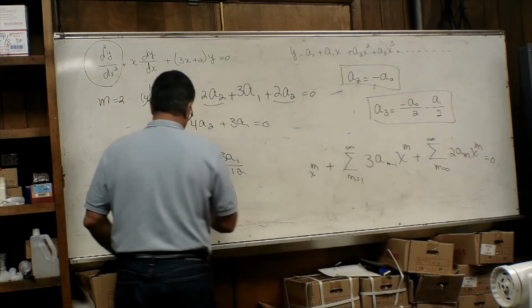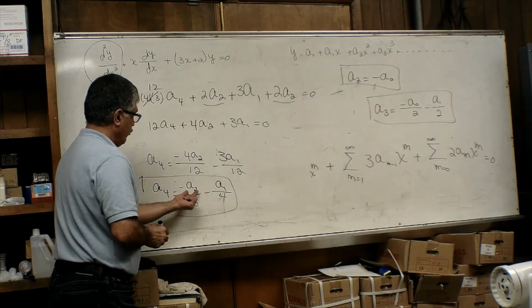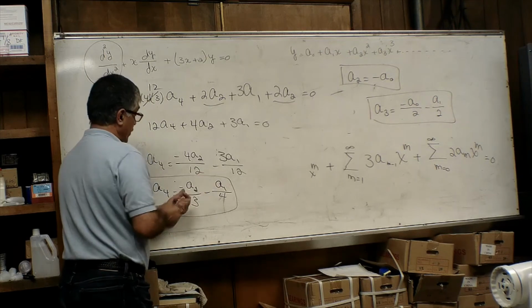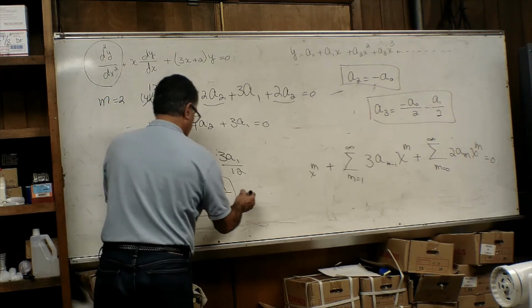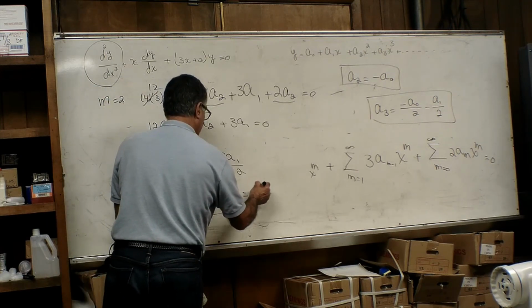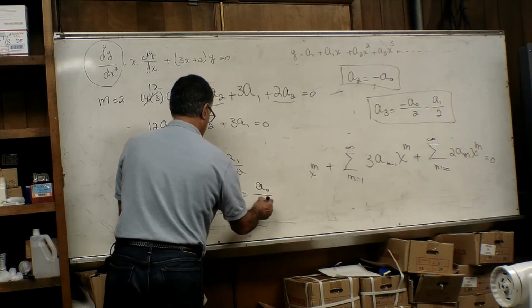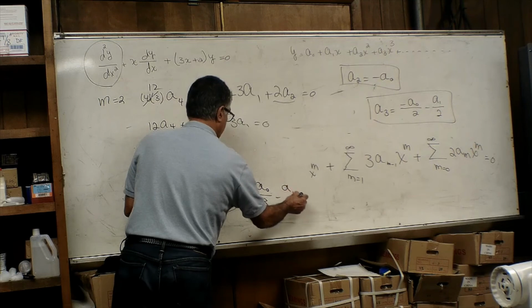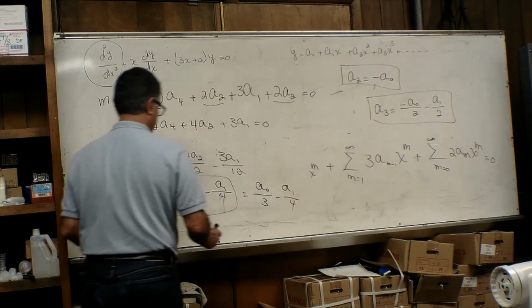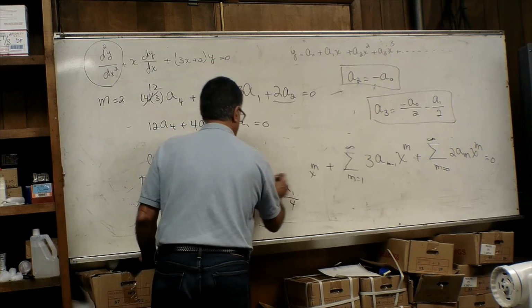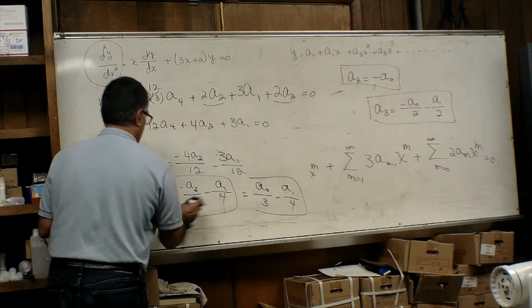So if we put minus A0, minus times minus will be positive. So this will be equal to A0 divided by 3 minus A1 divided by 4. So this is the value of A4.